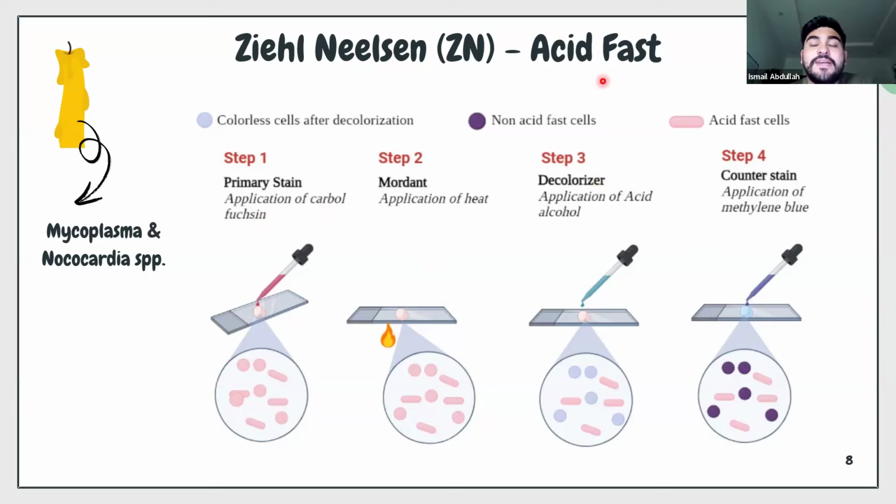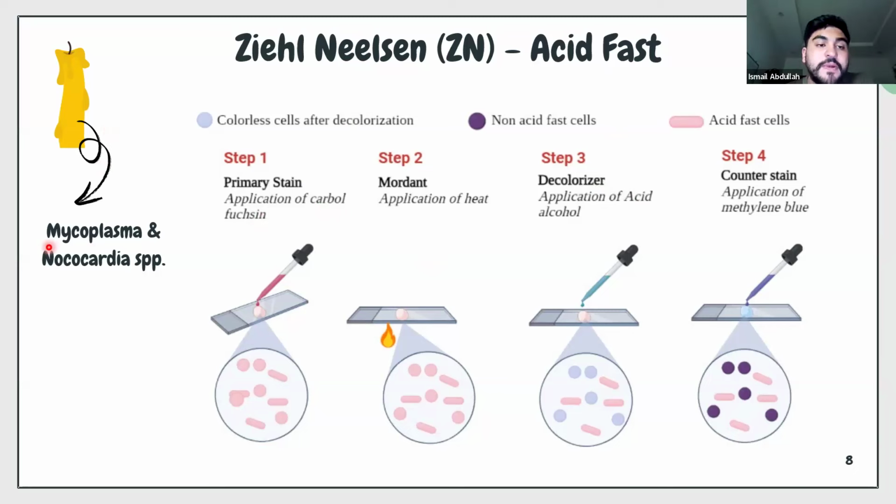But you need to understand the nature behind acid-fast organisms. They have a very thick waxy layer, and this makes it difficult for them to be stained as we do for Gram-positive and Gram-negative organisms.